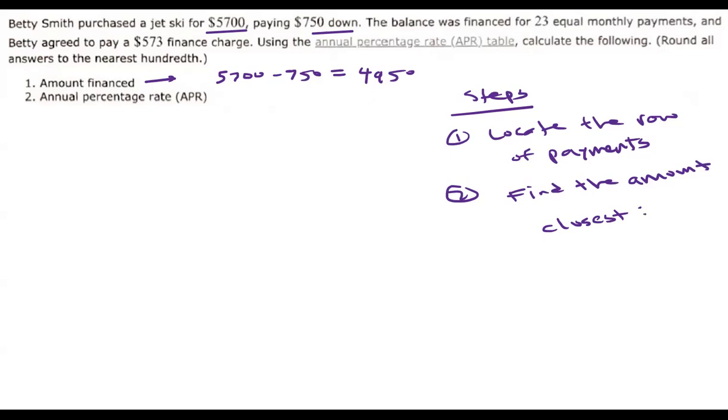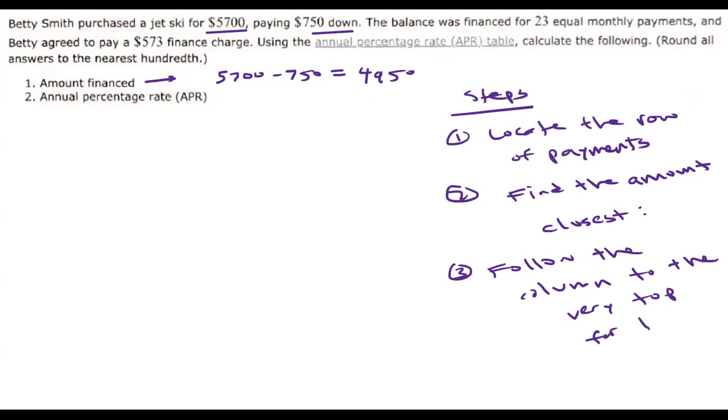Okay, I'll leave that blank for now. And then three, follow the column to the very top for the APR. Okay.